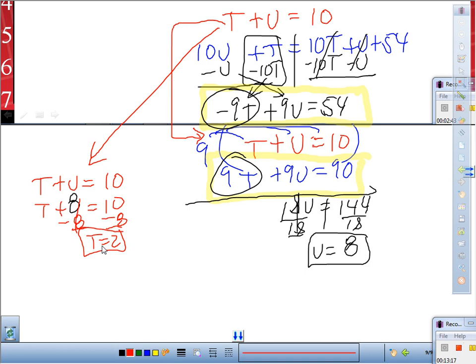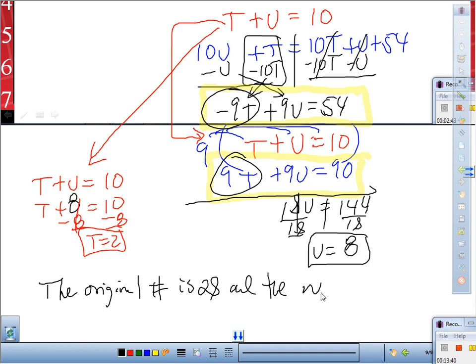So this is the 10th digit. This is the unit. So what is my original number? 28. So let's write that. The original number is 28, and the new number is 82.